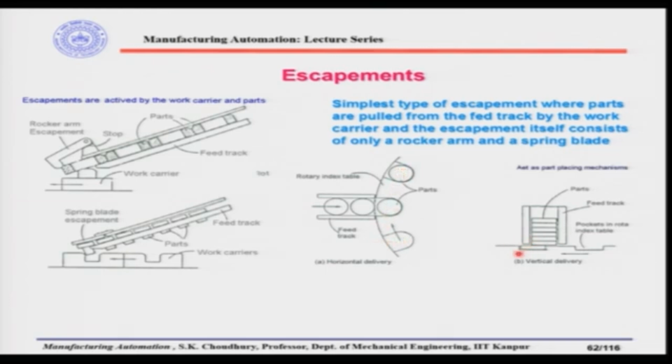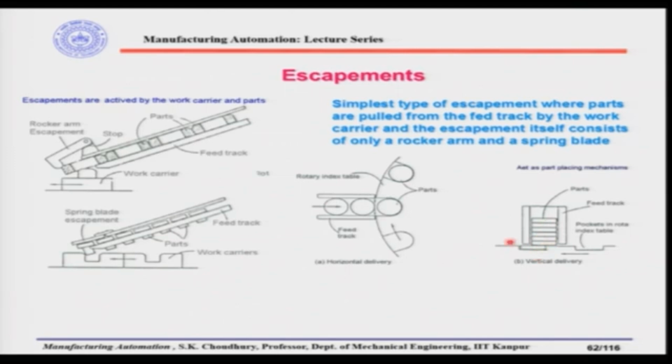Let us say, for example, in this case this is the vertical delivery. So, this is the work carrier, okay, and the parts are here stacked in the feed track. So, as the work carrier is moving along the line, the work carrier will actually pull the parts one by one. So, these are the natural kind of escapements.